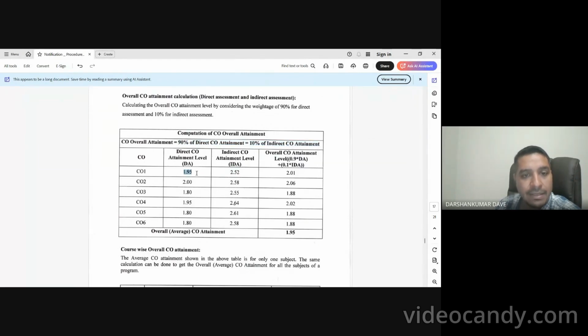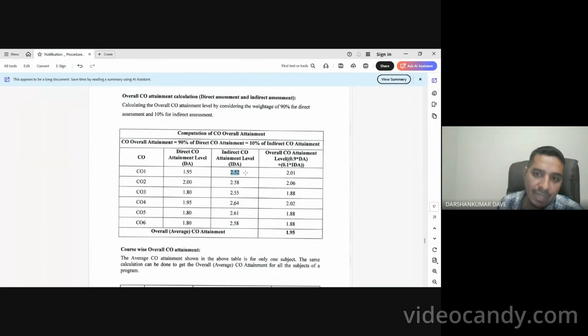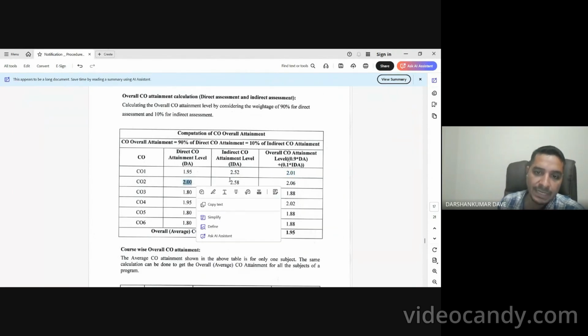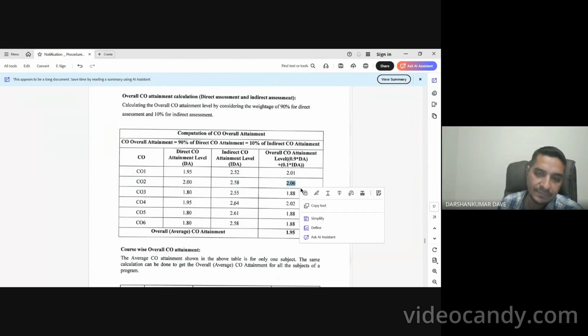So the direct attainment level 1.95 is multiplied with 0.9, and the indirect is multiplied with 0.1, and then they are added to give 2.01. This is your final attainment of course outcome 1. Similarly, this is multiplied with 0.9, this with 0.1, and the addition gives you 2.06.